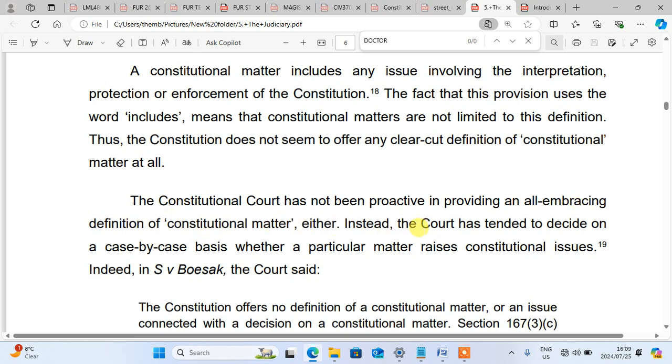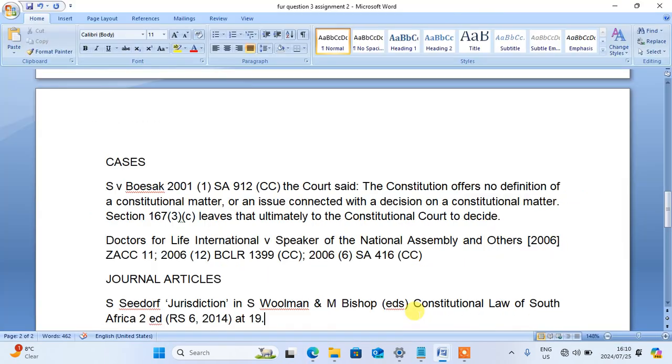Instead, the court has tended to decide on a case-by-case basis whether a particular matter raises a constitutional issue. This means that the first person that I will include is Seedorf, who talks about jurisdiction, in S. Woolman and M. Bishop, Constitutional Law of South Africa, 2nd edition.